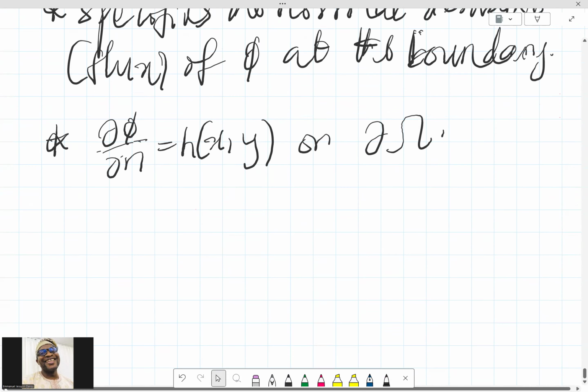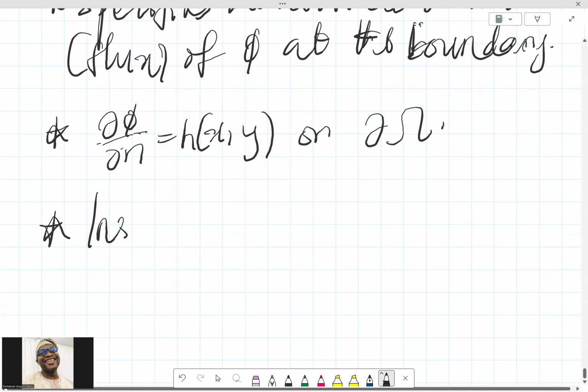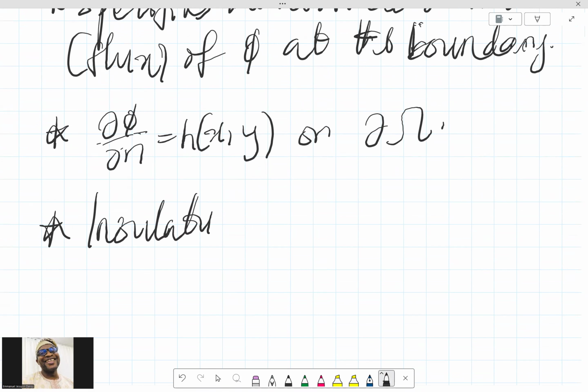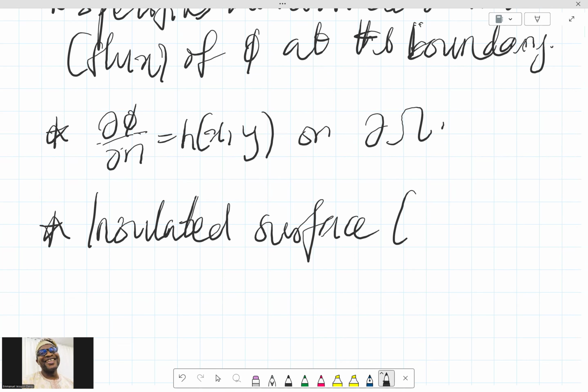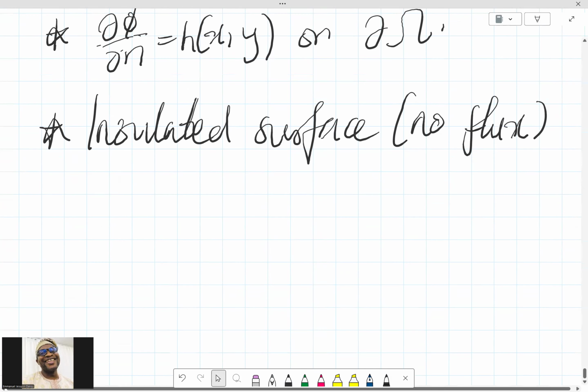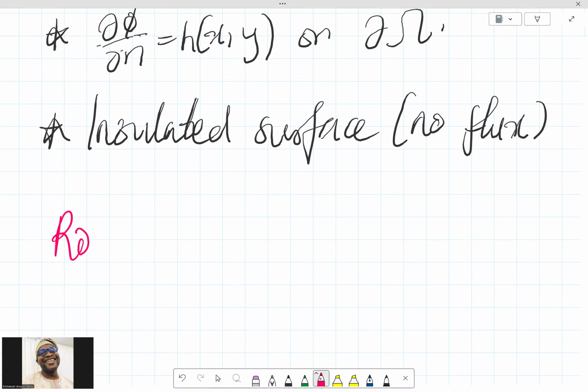Then the physical interpretation is about insulated surface, where there's no flux. Then we also have the Robin boundary condition.